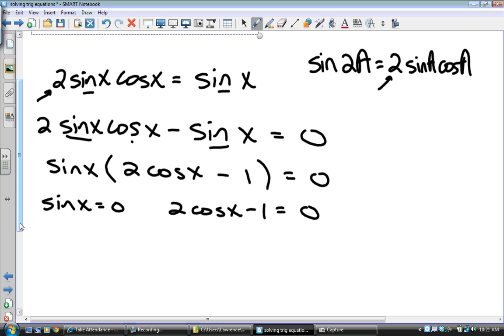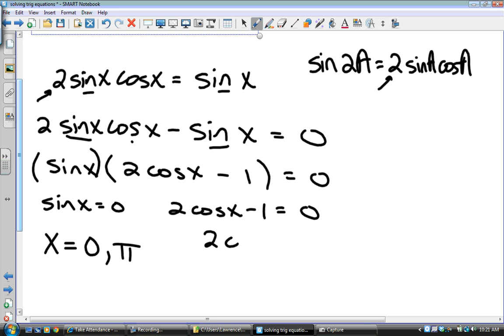Look at it this way. Isn't that what we do when we factor? We see what makes both factors equal 0. So now, we can pretty much go ahead and solve this one. Where is sine 0? At 0 and pi. Now I need to solve this one.